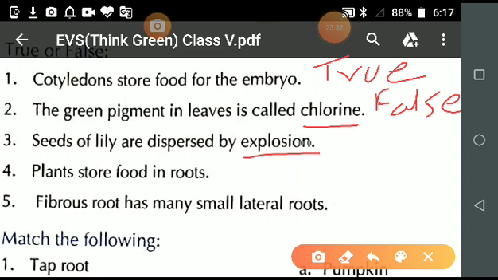But lily seeds are dispersed by water. So the question is, seeds of lily are dispersed by explosion. Now student, Vishnu, tell, is this true or false? Very good, all of you clap for him. This is false. Is it clear?